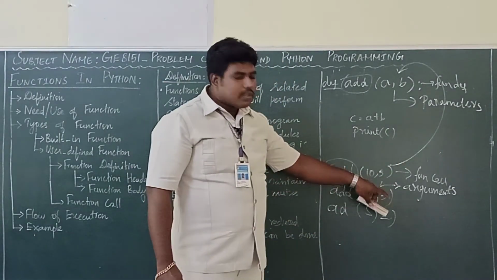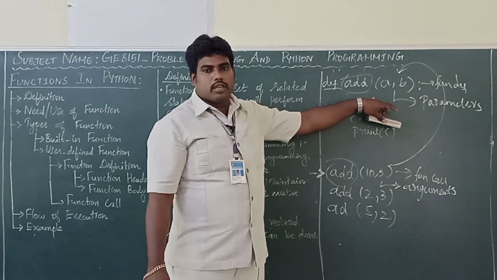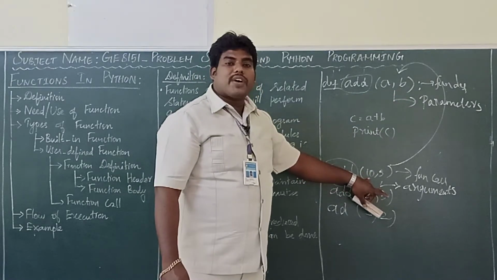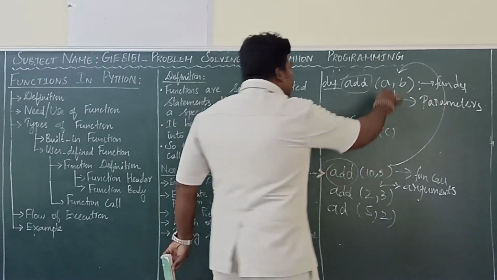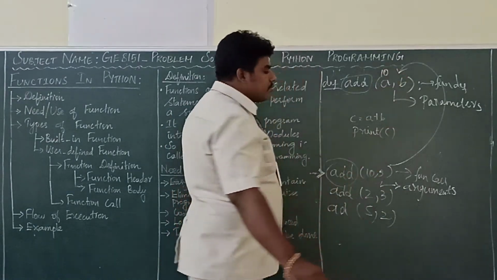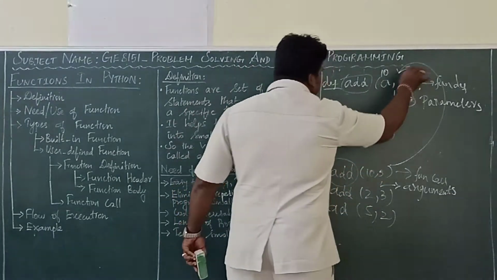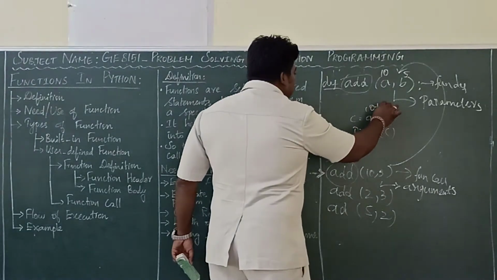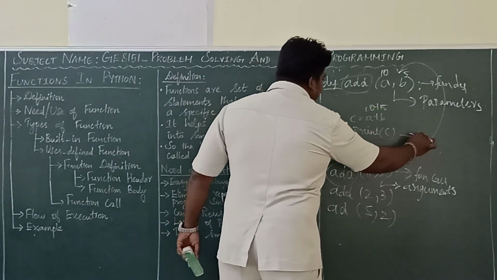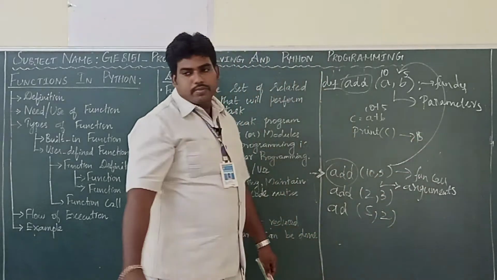At that time, the argument values are copied to the parameters. For example, in the first position, what's the value? 10. So the a value is now 10. Then what about the b value? It is 5. Now 10 plus 5, your answer is 15.